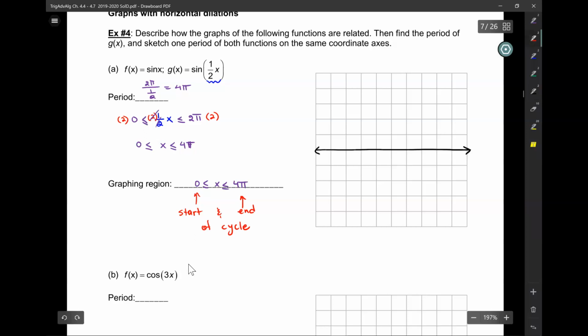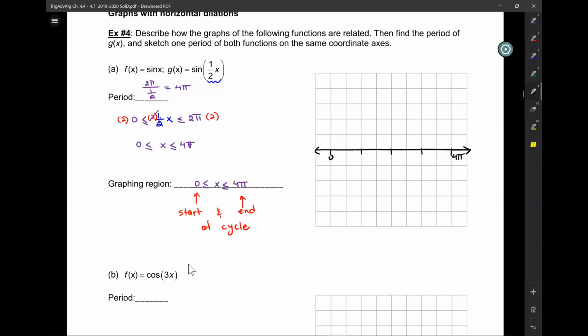Okay, here I need to put the first tick mark, and that's 0, right? That's the start. And then I need to go over 1, 2, 3, 4. And over there I put 4 pi. All right? So do you see whatever you solved for here are the first and last here.